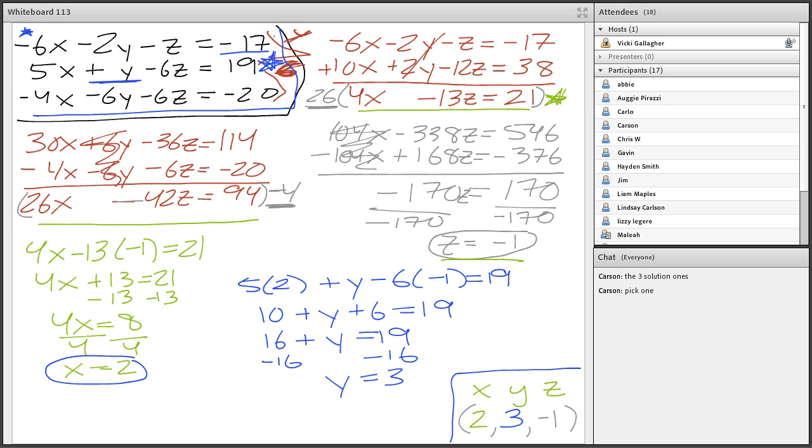So the trick with these problems is the ordered triple has to work in all of the equations. So then you also want to check it in the second one. So you do 5 times 2 plus 3 minus 6 times -1, and hopefully that equals 19. And then we would finish it up with -4 times 2 minus 6 times 3 minus 6 times -1 and hit the equals button. And again, we're hoping that equals -20. So if the ordered triple works in all 3 of the equations, then you know that you got the right answer.